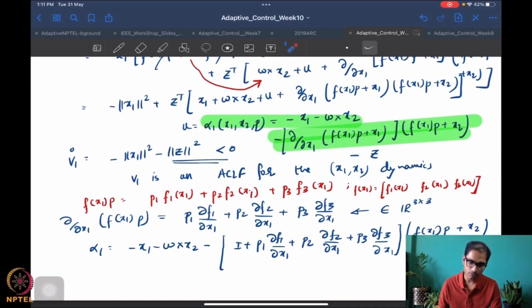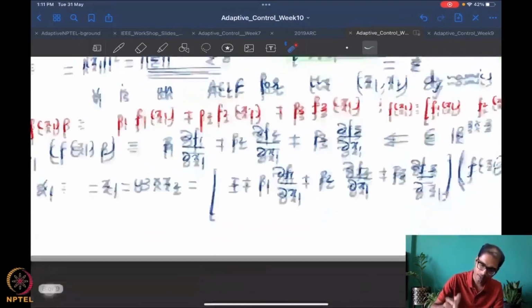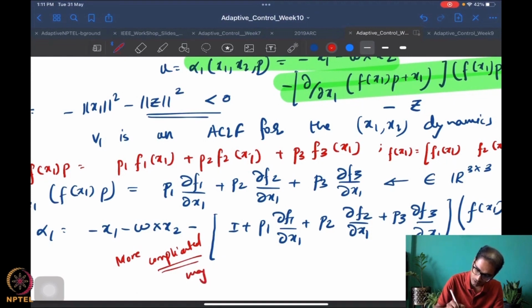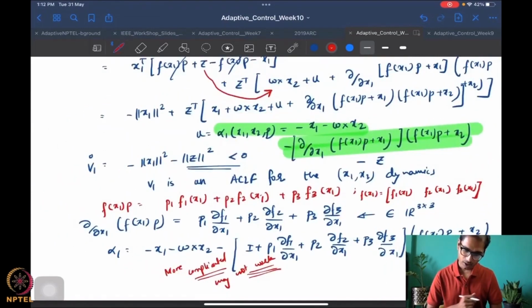So I think this sort of a setup is more complicated, and may not work.